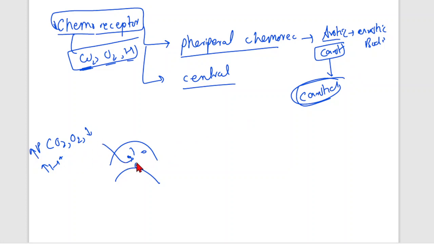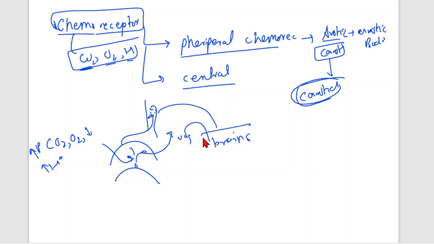Through the vagus nerve the signal goes toward the brainstem. Here is the internal carotid artery, and here is also the carotid body, which also sends the signal, and after that it goes toward the brainstem.